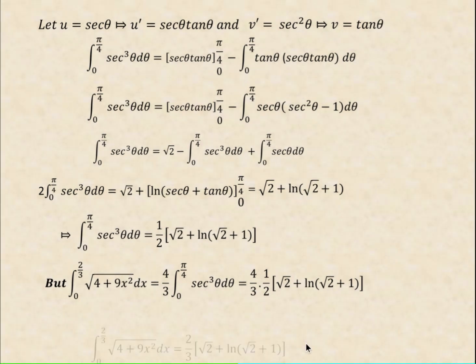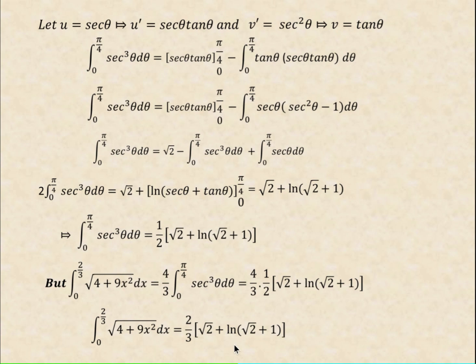And upon simplification, we have that the integral from 0 to 2 over 3 of square root of 4 plus 9 x squared dx equals a third into root 2 plus ln of root 2 plus 1.